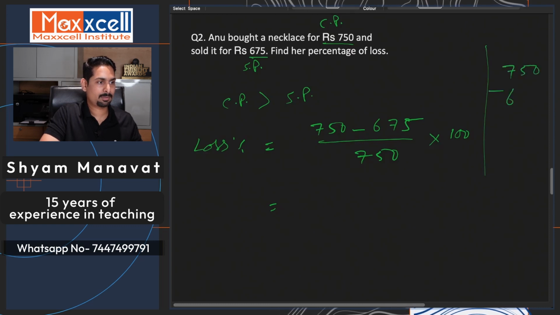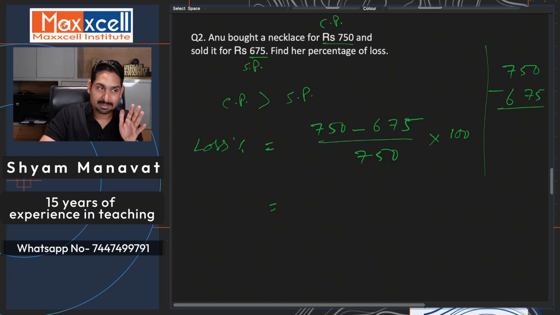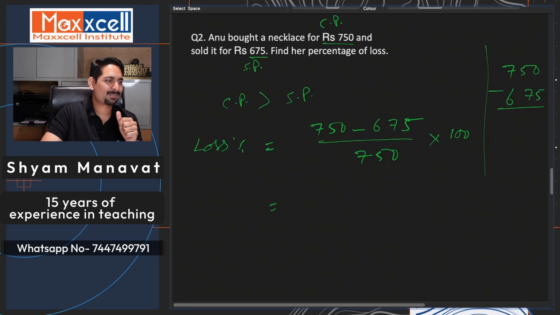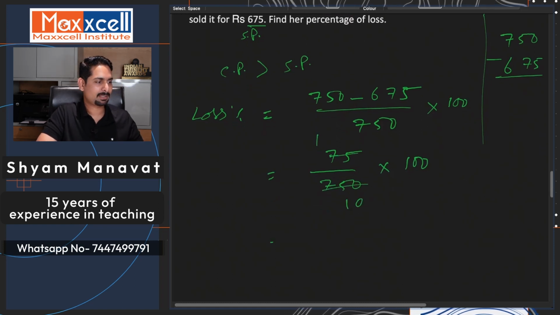I will not get into such basics of calculation. I hope you are comfortable with addition subtraction. Yeah, that's why you're here, correct? Okay. So addition subtraction you should try by yourself. So difference is 75. Cost price is 750 into 100. Cancel. How much you get? 1 by 10. That is nothing but 10%.